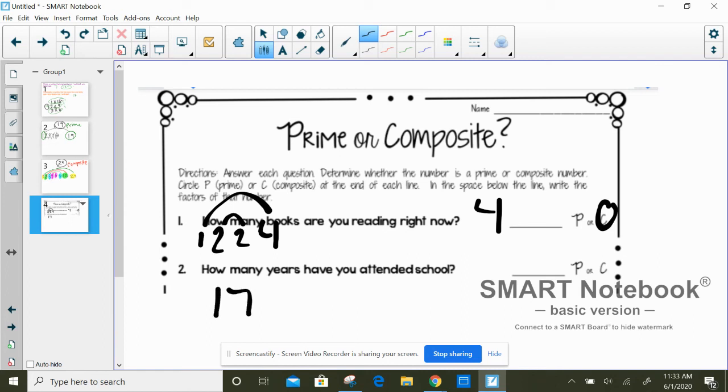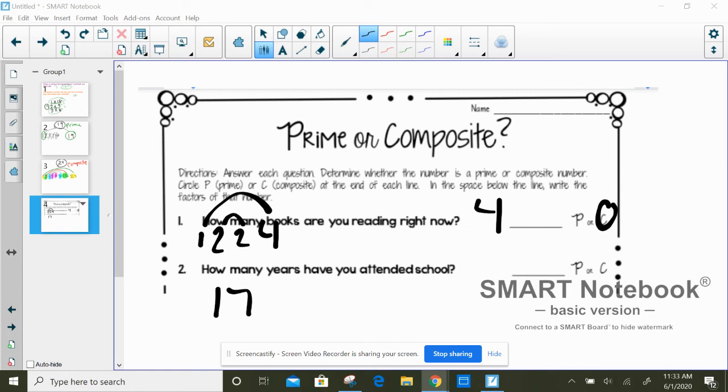Okay, so basically now I need to figure out, is 17 prime or composite? And so then you're going to go through and make a factor rainbow.